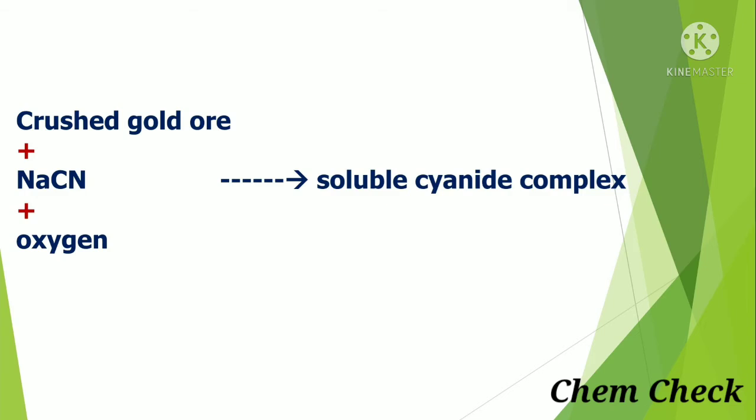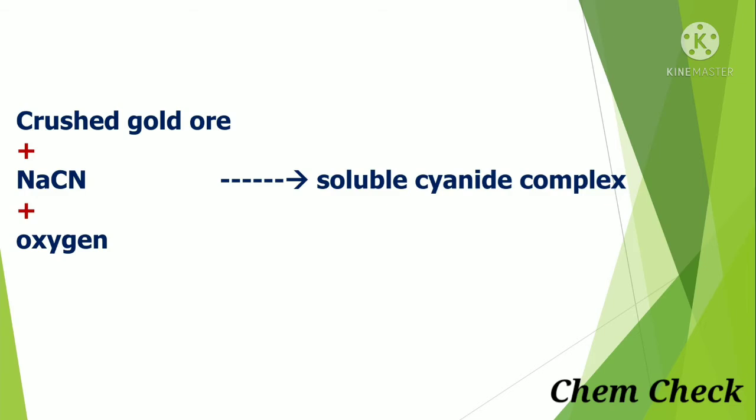As I told you earlier, here it dissolves the ore particles. As a result, the crushed gold ore forms a soluble cyanide complex with the sodium cyanide reagent. Here the gangue particles remain insoluble. The impurities present are nothing but aluminosilicate.